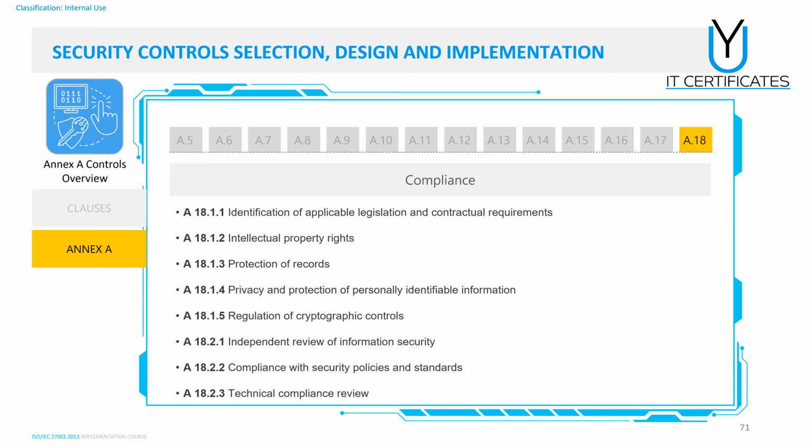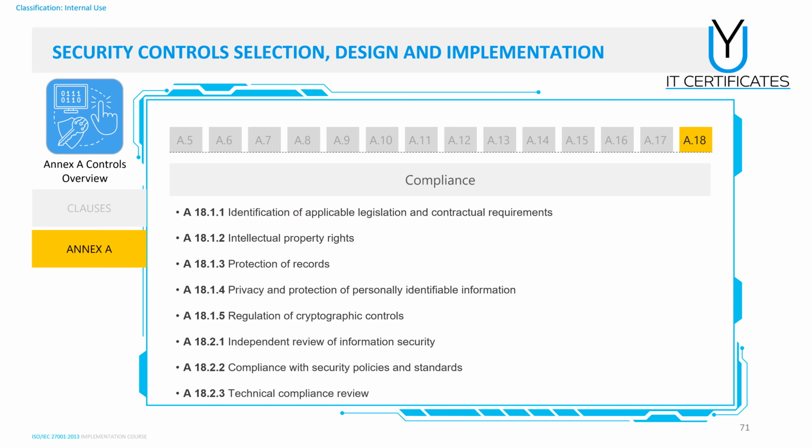Also, the third phase is to be compliant with local regulations and laws. In Saudi Arabia, for example, we have the NCA requirement. This means that you have to be compliant with all these laws and regulations.